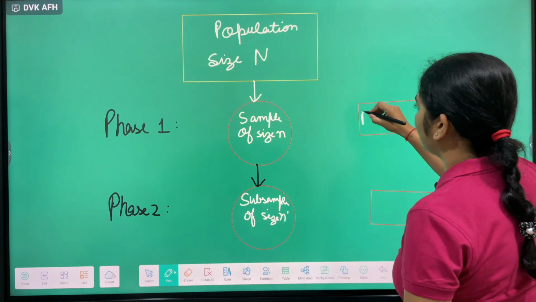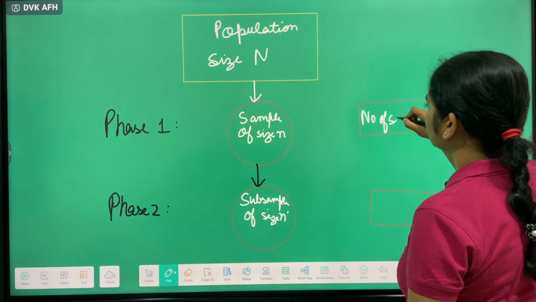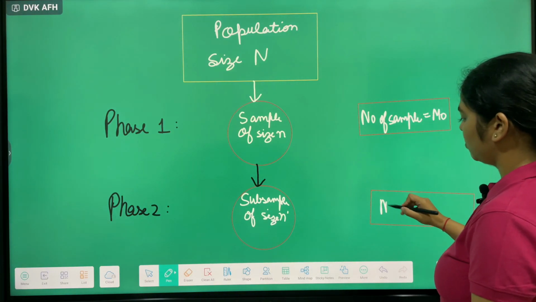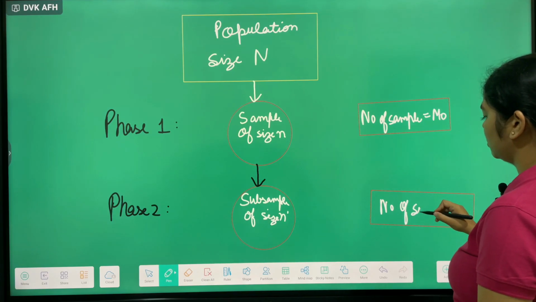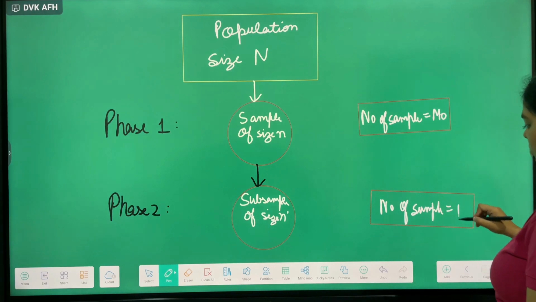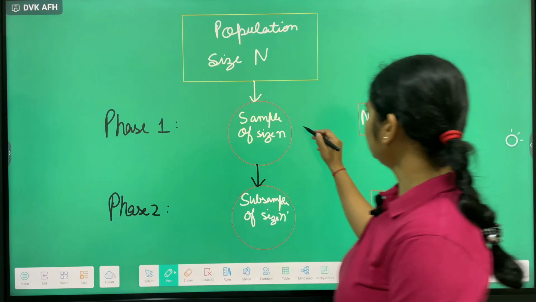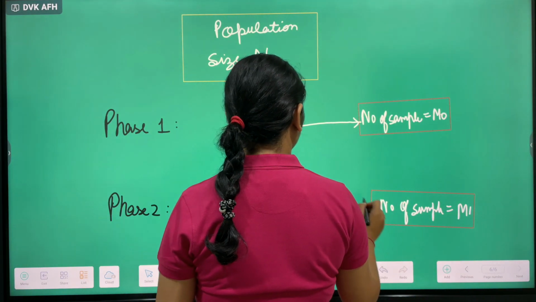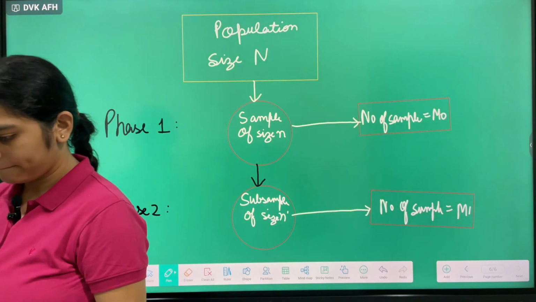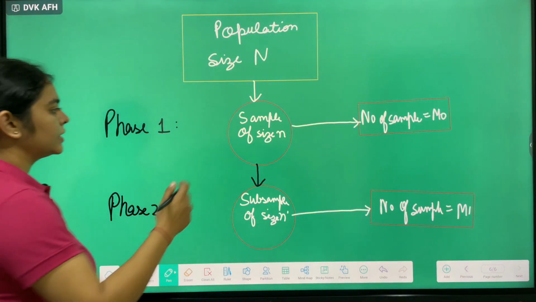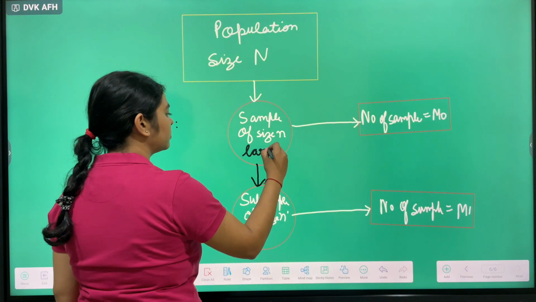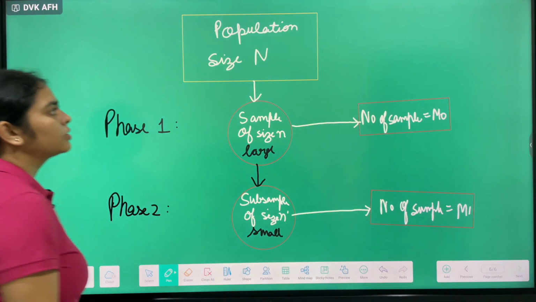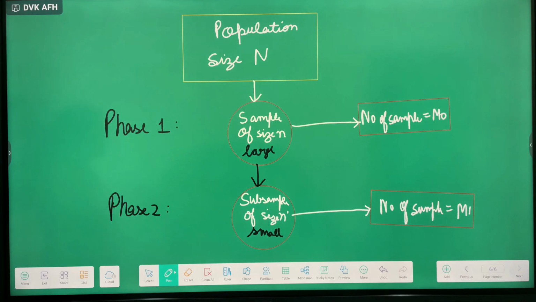Here, number of sample is equal to m naught, and here number of sample is equal to m1. This is the large sample and this is the small subsample. So this is the diagram of double sampling.